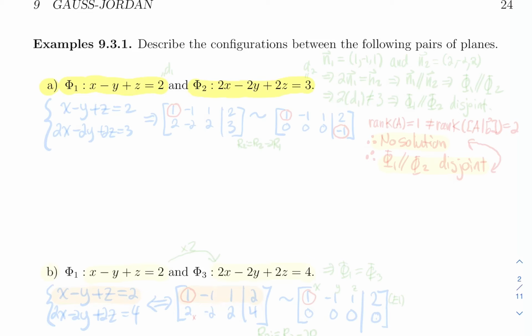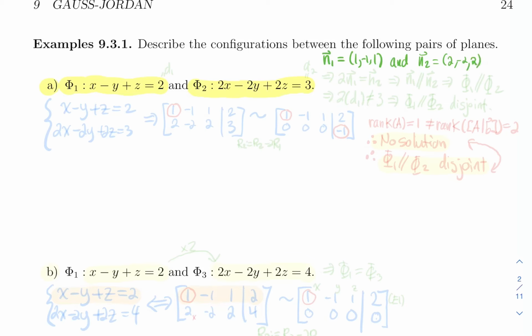Just a small remark: if you do it the old way, for the first plane you would say that n1 is (1, -1, 1), and n2 is (2, -2, 2).